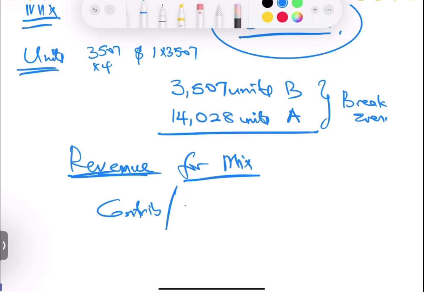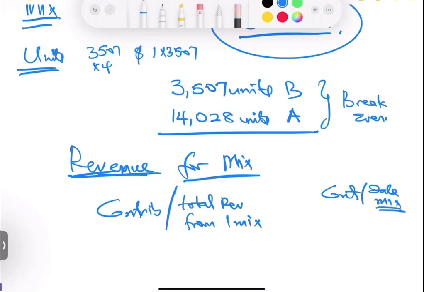Should I call it contribution per total revenue from a mix? Because I need you to understand first. You can call it any name if you don't know what it means. It's revenue from one mix. That's what we're looking at. Any way it works for you, you can call it contribution per sale mix. But just know that what we are talking about is the total revenue from one mix.